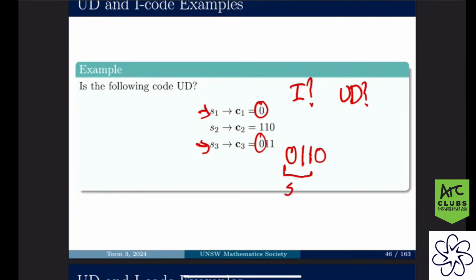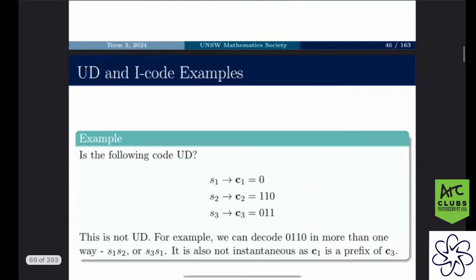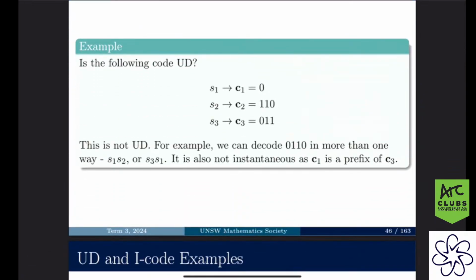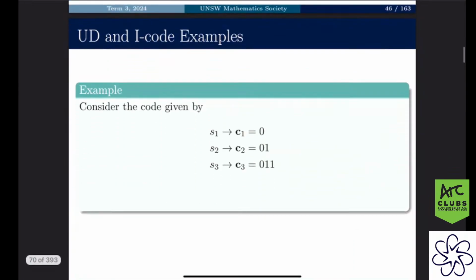We can read this as S1, then S3, then S1. Or we could read it in a different way, where it starts off with S1 and then ends with S2. These are the two ways that we can show that it's not uniquely decodable, because we can find two ways to decode it.